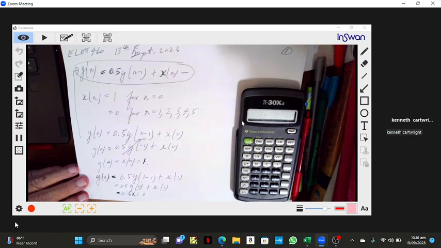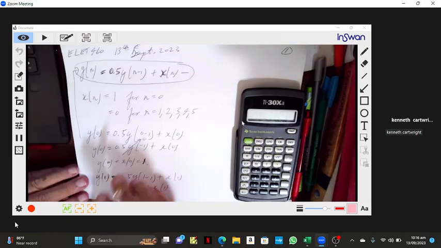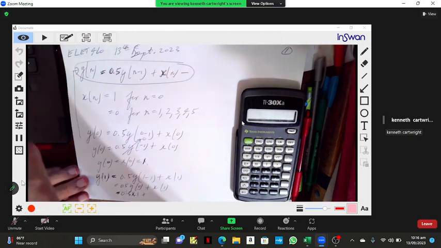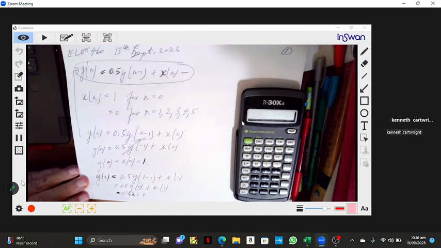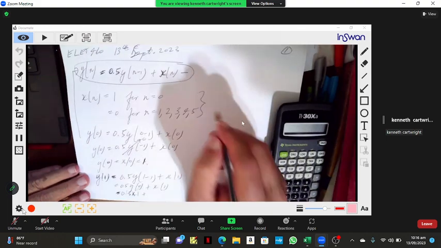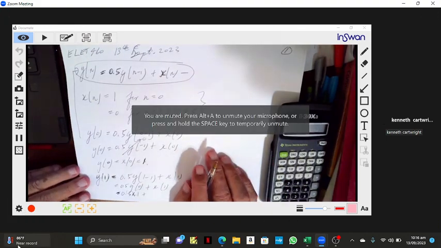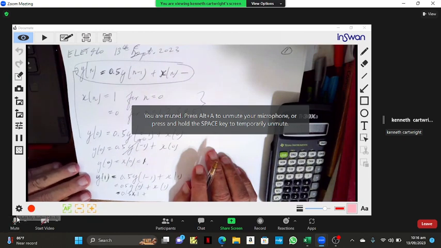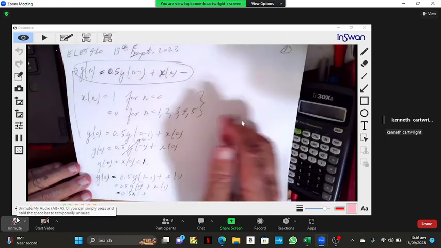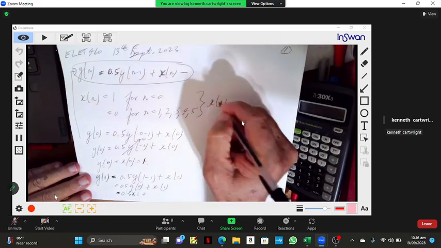Where did you get x of 1 equals 1 from? It says it right there on the page. x is 0 for every value except n equals 0. So what is x? x is an impulse.